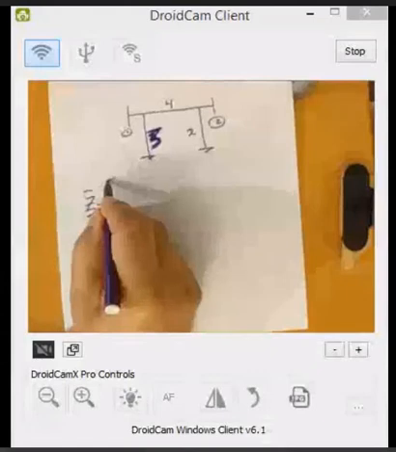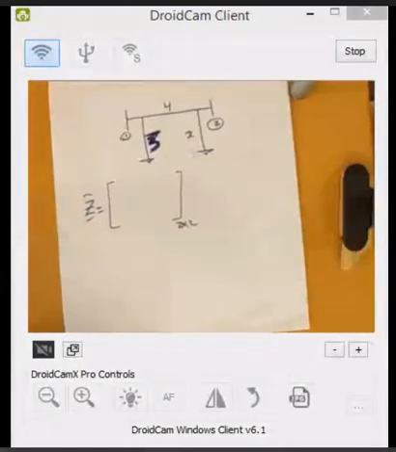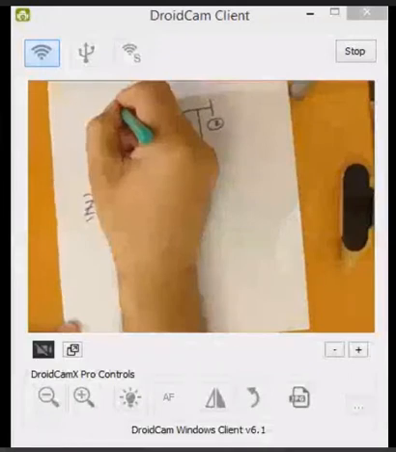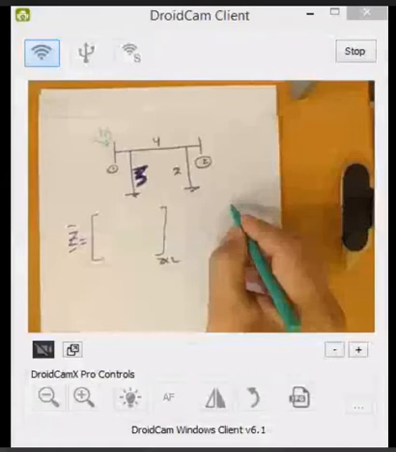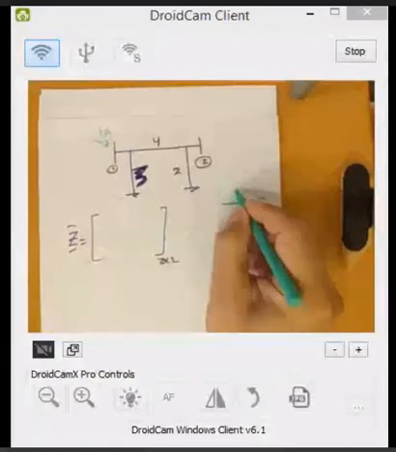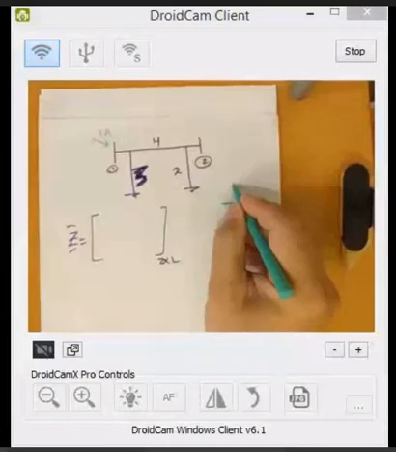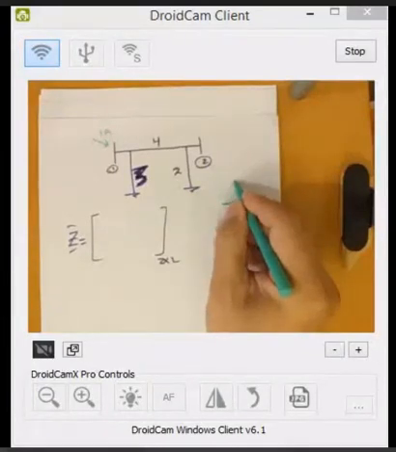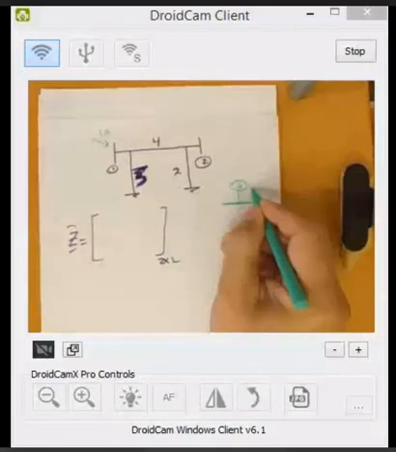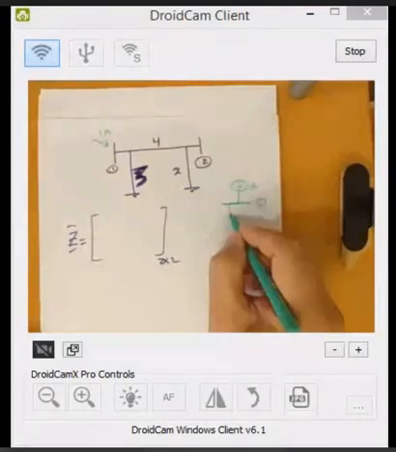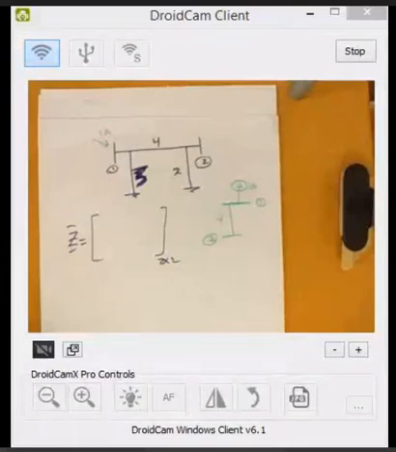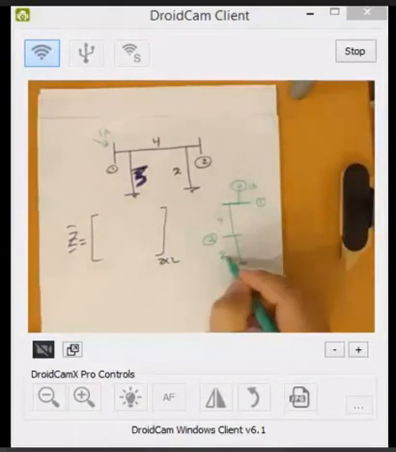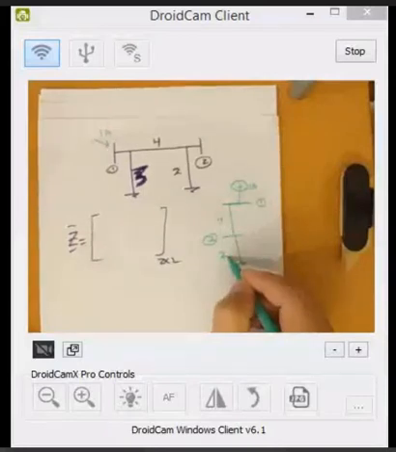Injecting 1 ampere at bus number 1, here I have a current source of 1 ampere. Bus 1 is connected to bus 2 through 4 ohm. Then from 2 it is connected to the ground with 2 ohm. And we have another one directly connected between 1 and the ground, 3 ohm. Is it clear now?